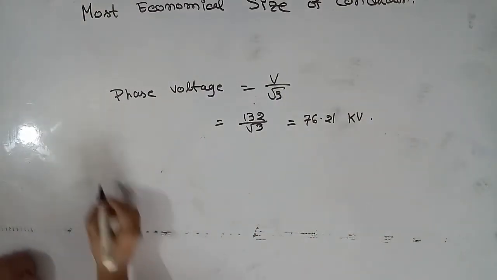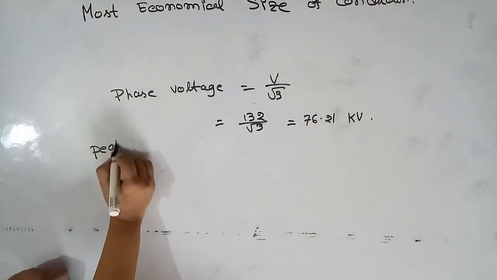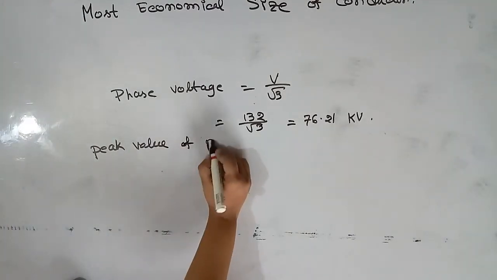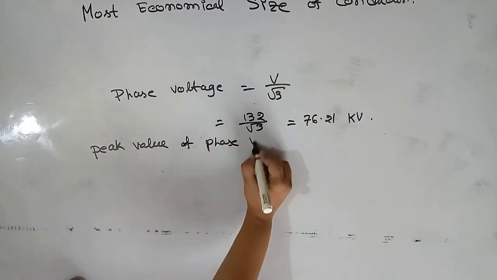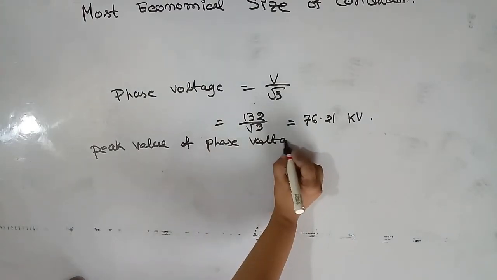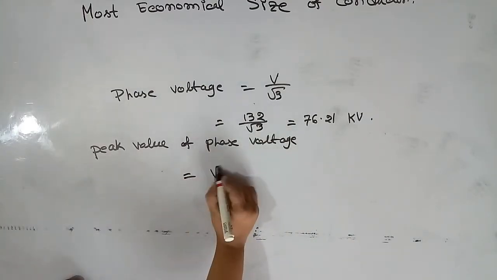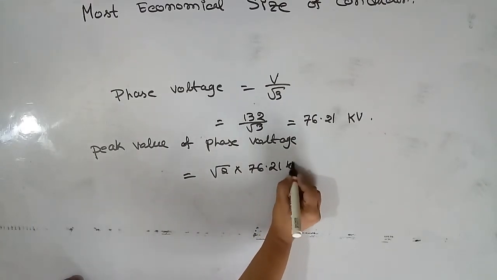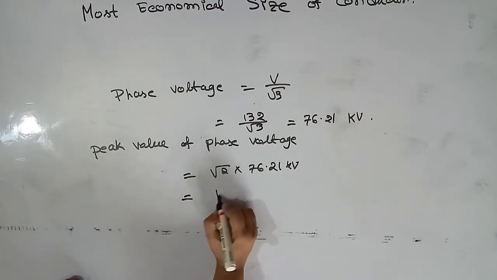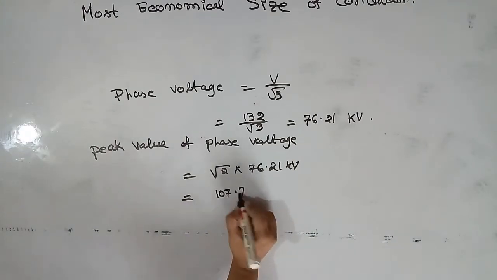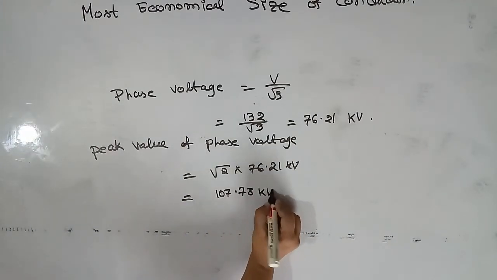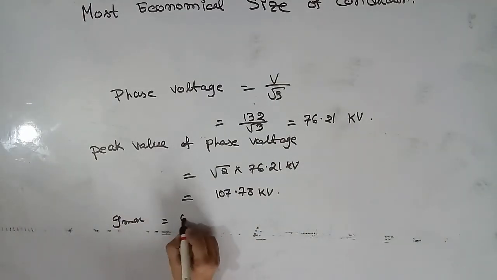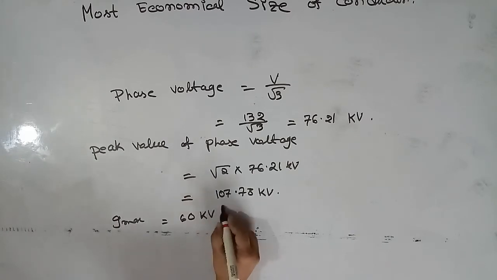Now peak value of the phase voltage is equal to root 2 into 76.21, that is equals to 107.78 kV. Now G max is given 60 kV per centimeter.